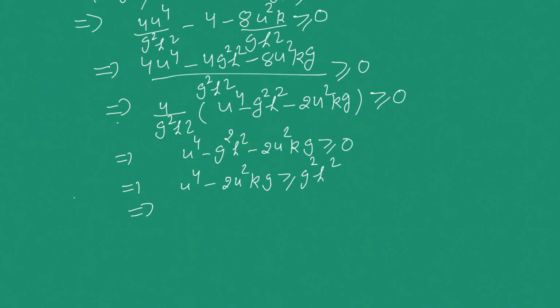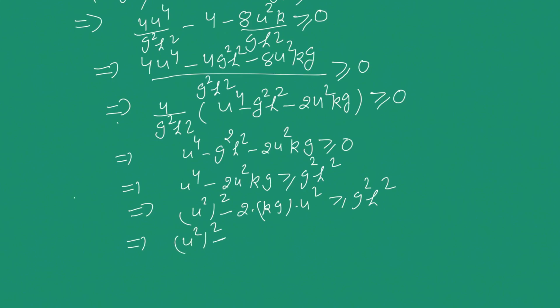This implies that I'm going to make u square a whole square: u^4 minus 2kg dot u square is greater than or equal to g square h square. So I have to make it a perfect square. For this I am going to add and subtract half of the coefficient of u square. So this will be u^4 minus 2kg dot u square plus (kg) square minus (kg) whole square is greater than or equal to g square h square.